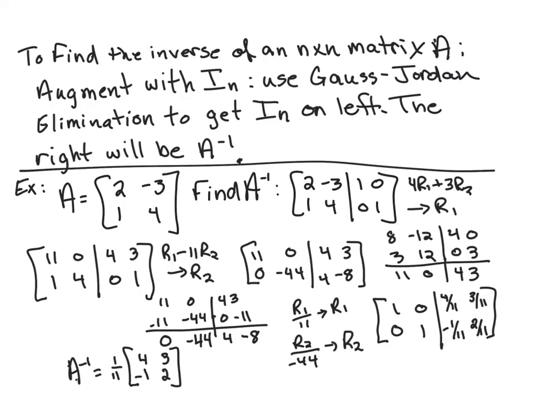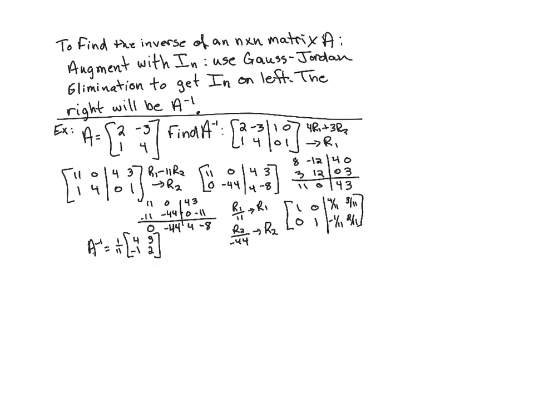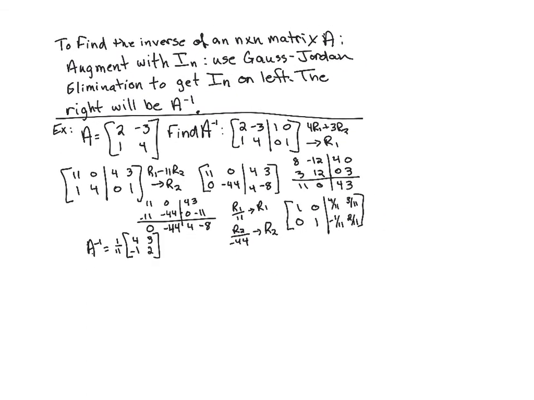So I'm going to shrink this down a little and do some checking with a different color here. So A inverse times A, it doesn't matter which one comes first, 4, 3, -1, and 2. Multiplying A, -3, 1, and 4.